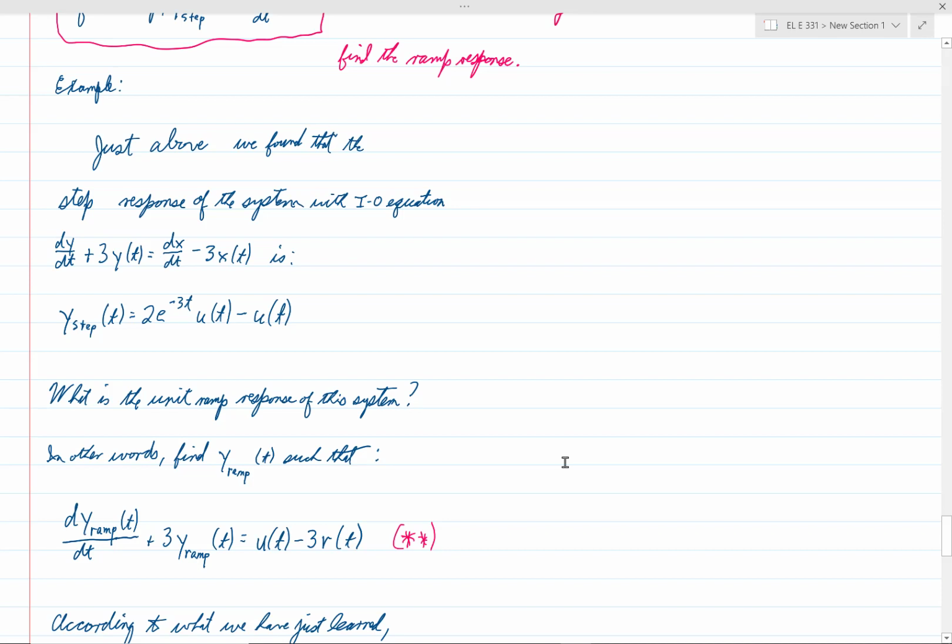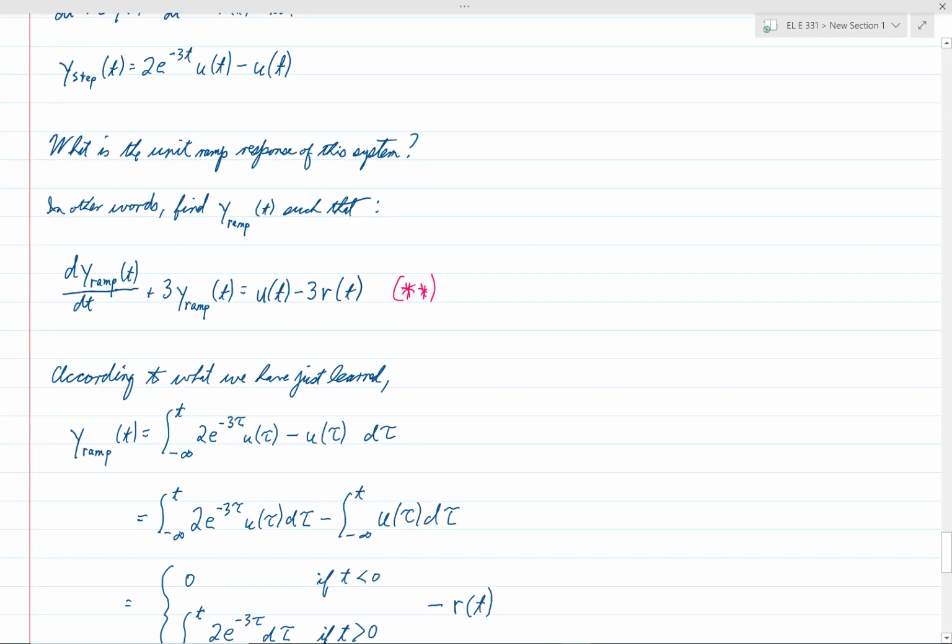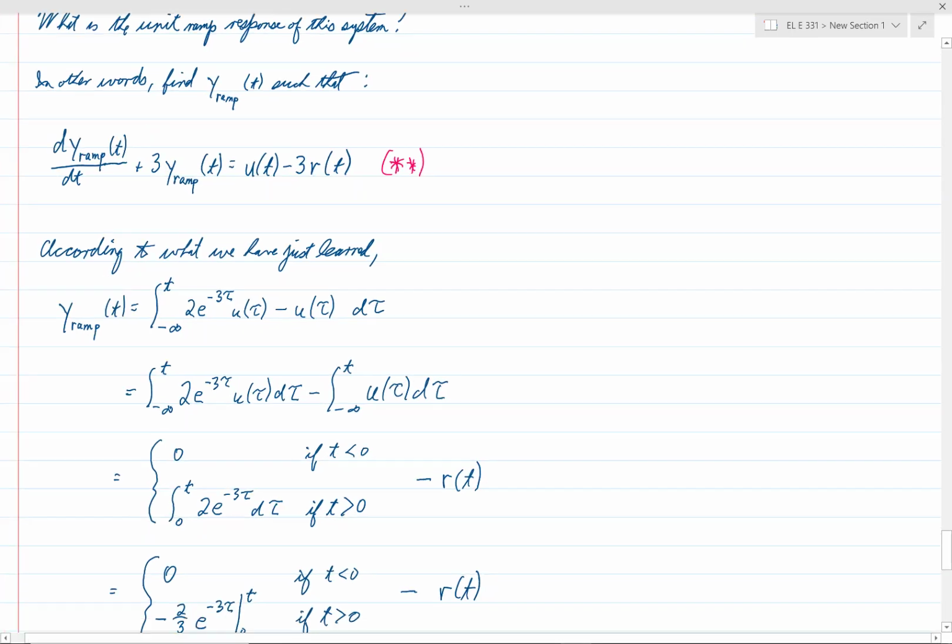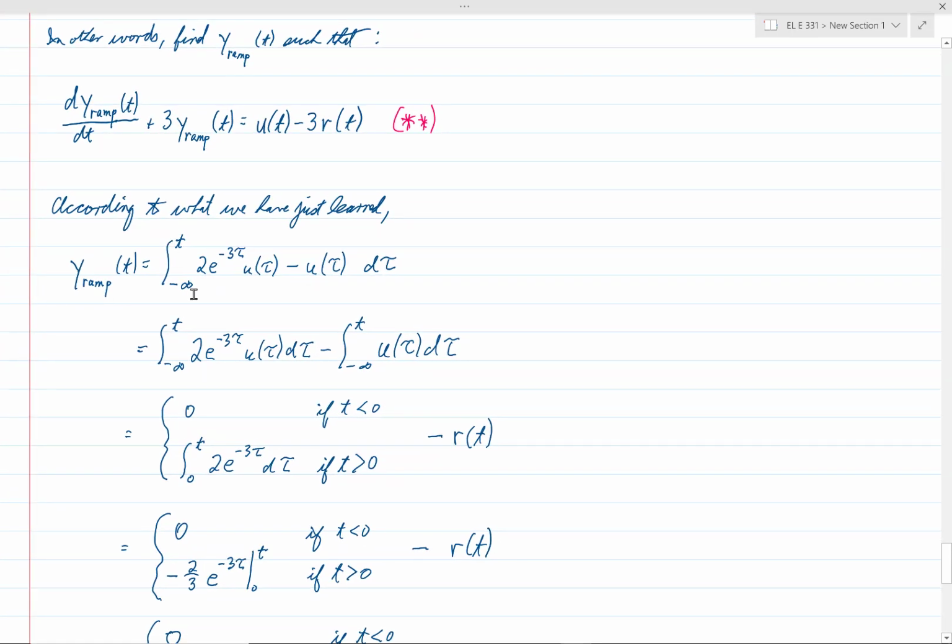And again, the way to get that is all we have to do is integrate the step response one time. So let's see if it really does work that way. We say y ramp of t is the integral of the step response. And again, we're integrating from negative infinity to t. Just as before, we're going to break this up into 2 integrals.